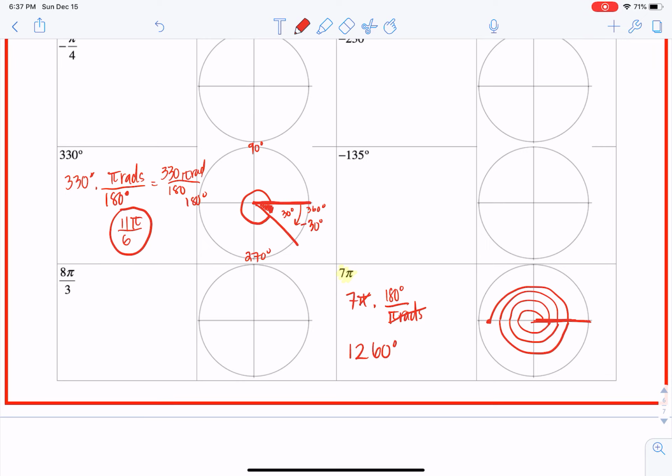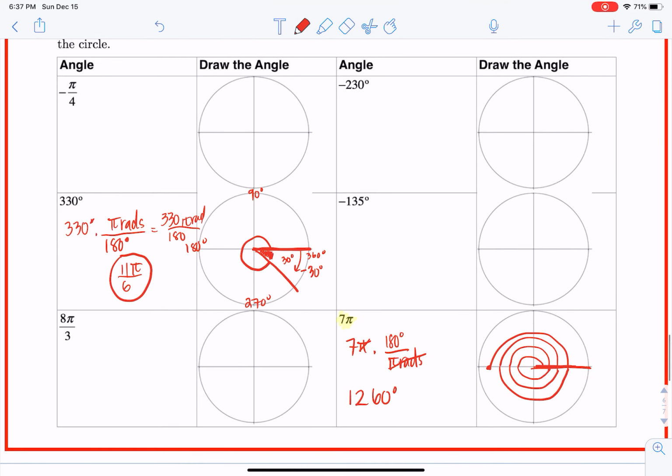So an example of a coterminal angle that's less than 360 degrees, I know that this part here is 180 degrees, or pi radians, on my circle here that I'm using to measure. So I could say that this is either coterminal with pi or coterminal with 180 degrees.